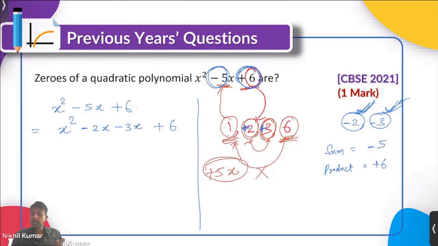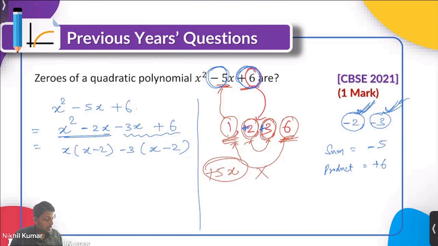Now this kind of splitting is going to help me factorize this polynomial. And once I factorize this polynomial, I can easily find its zeros. So let's see. In the first two terms, I'll take x common. I get x minus 2. Then in the next two terms, I'll take minus 3 common. Again get x minus 2.